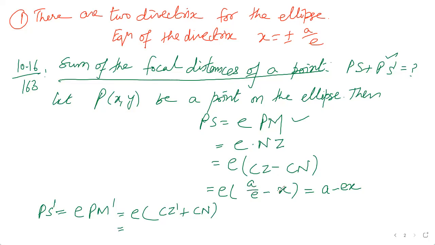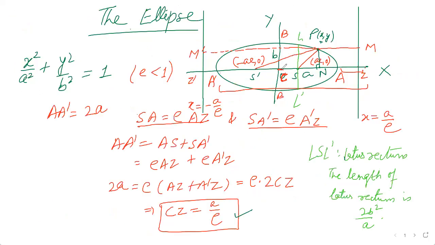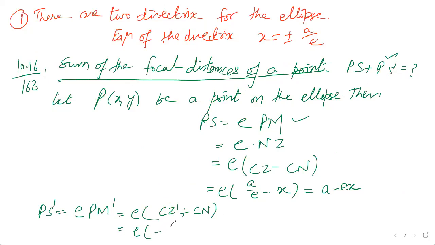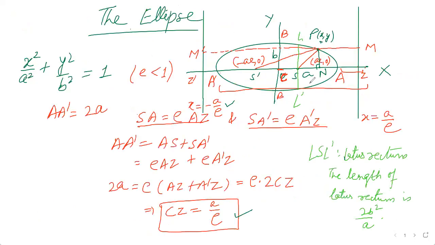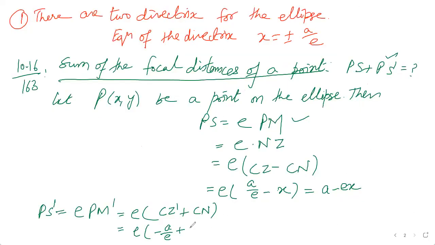CN we have already found, CN is x, so how much is it coming, ex.